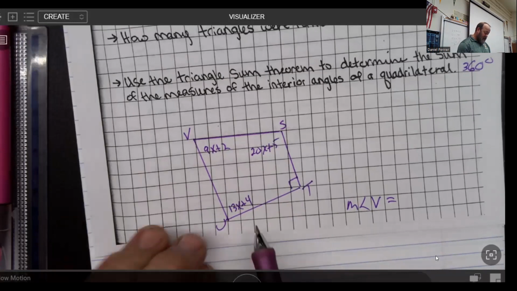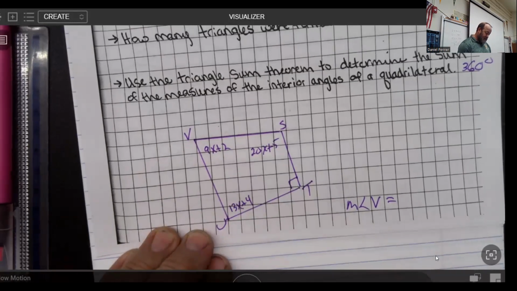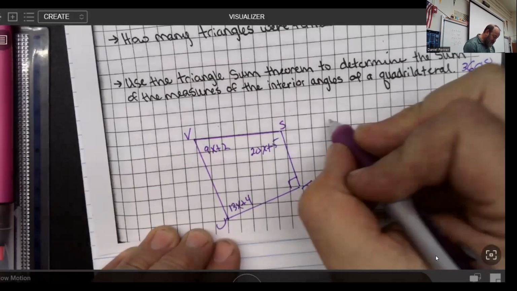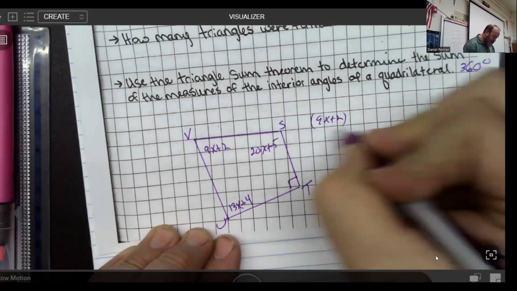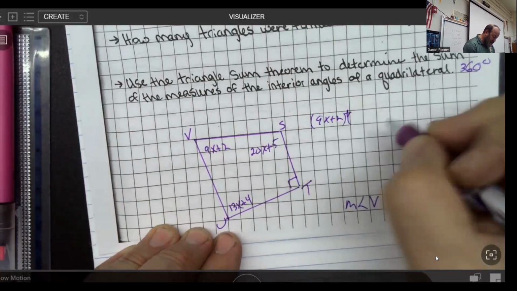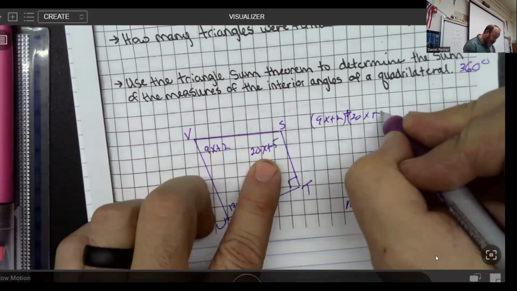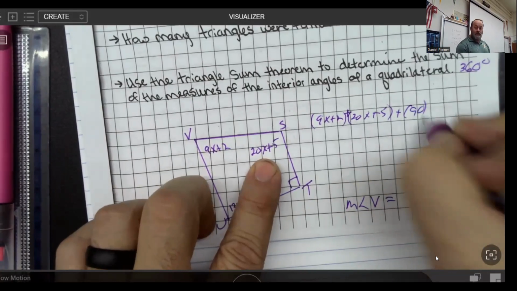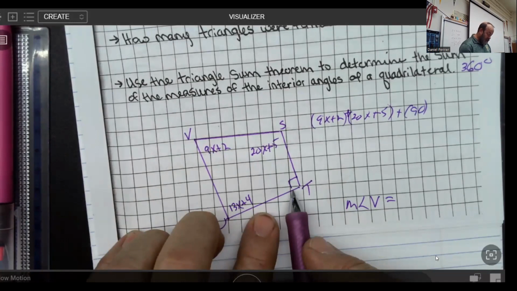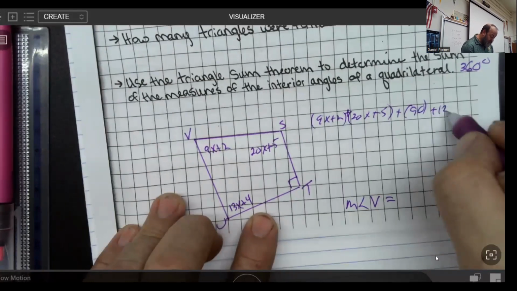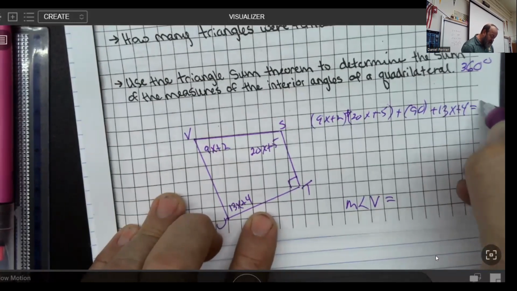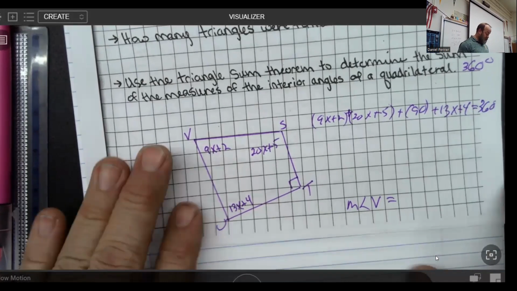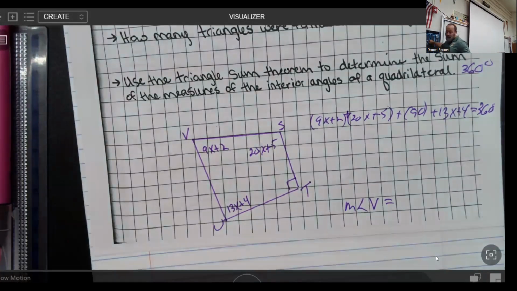So if I add all of these values together, I could take 9x plus 2, add that to 20x plus 5, add that to 90 degrees, because notice I was being nice and made a right angle there, and 13x plus 4. All of those angles together would have to sum up to 360 degrees.